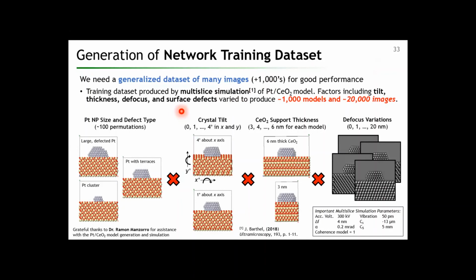I wanted to thank Dr. Ramon Manzoro for providing a lot of assistance with the model generation and the image simulation. But we've included a large variety of platinum nanoparticle structures and rotations and sizes of the support thickness, as well as electron optical parameters in order to encompass a large variety of different image and structural parameters for our data set.